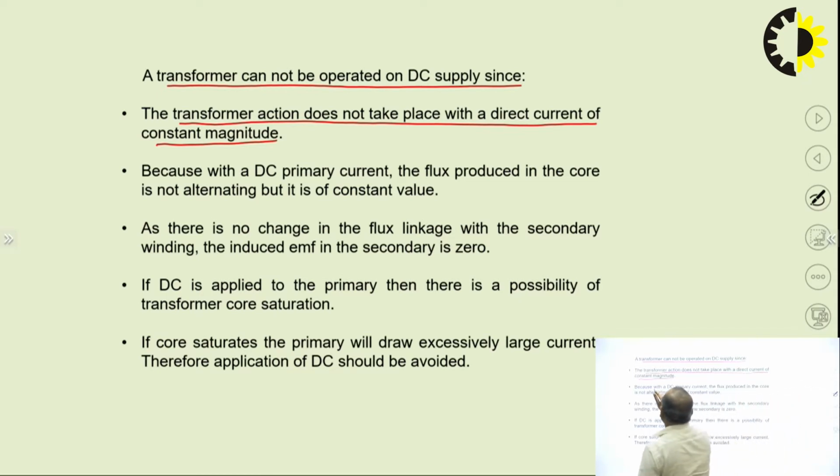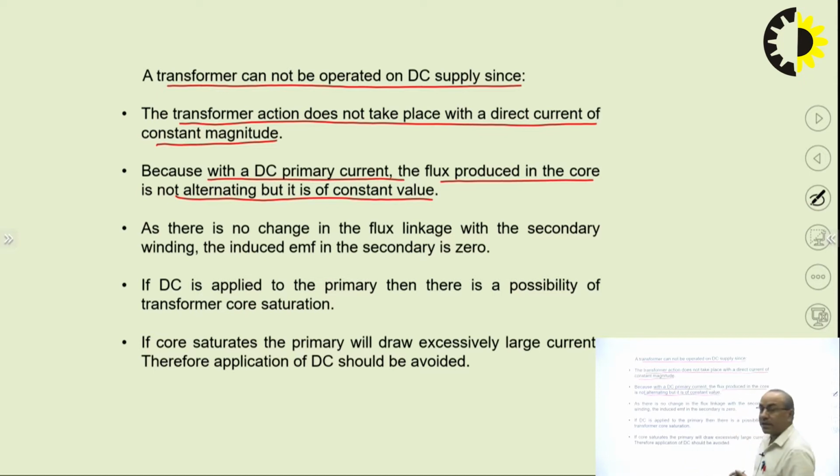Because with a DC primary current, the flux produced in the core is not alternating, but is of constant magnitude. This flux phi depends upon the nature of the supply.